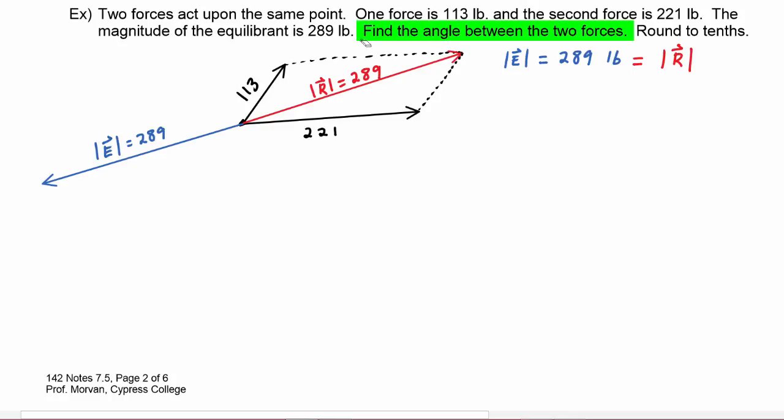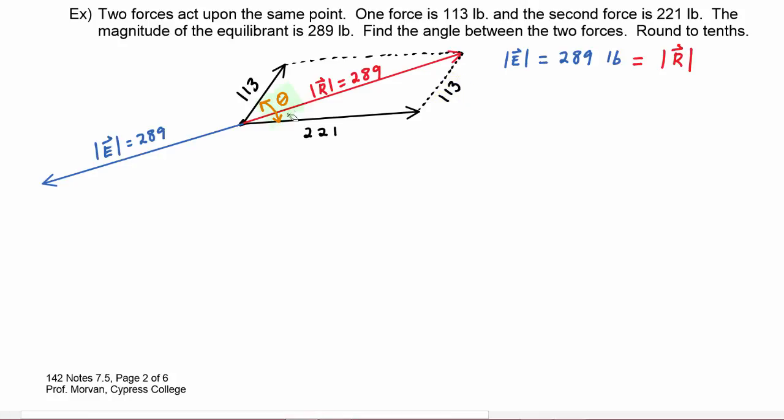We are being asked to find the angle between those two forces. So let's call this theta. The diagonal of the parallelogram divided the parallelogram into two congruent triangles, so we can pick one of them to work on, maybe this lower one, and we'll label this dotted line with 113.